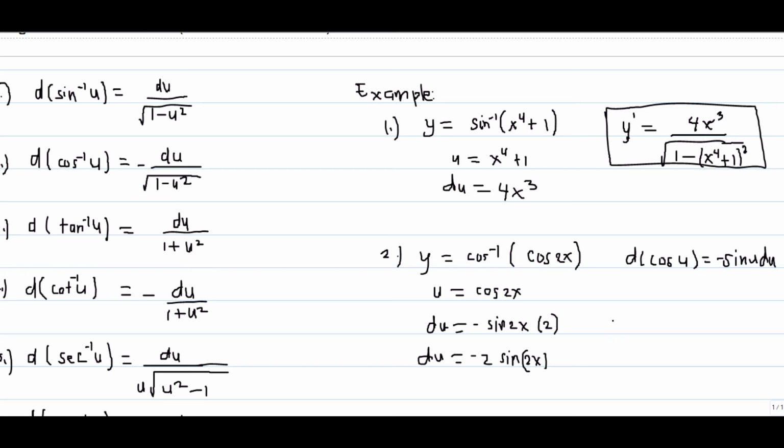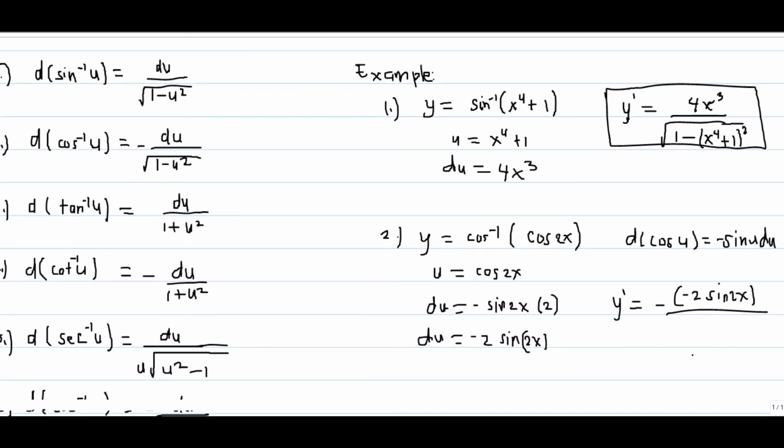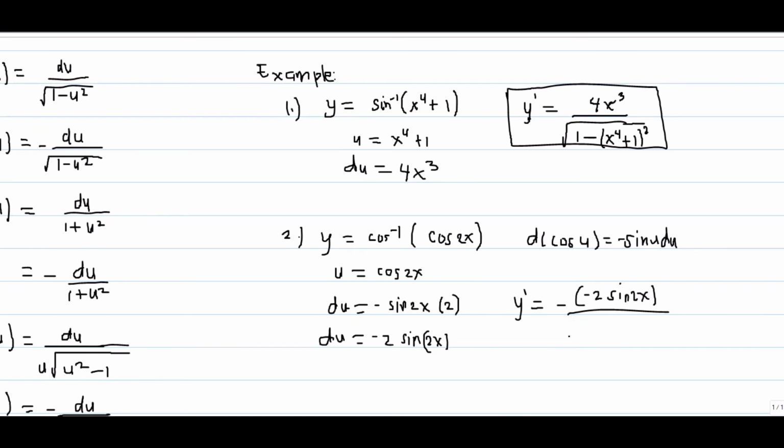Therefore y prime is equal to, according to this formula, negative times du, which is negative 2 sine 2x, over the square root of 1 minus our u, which is cosine 2x.